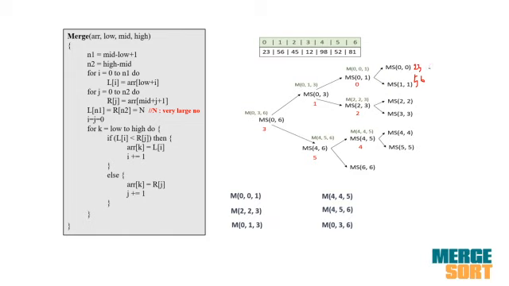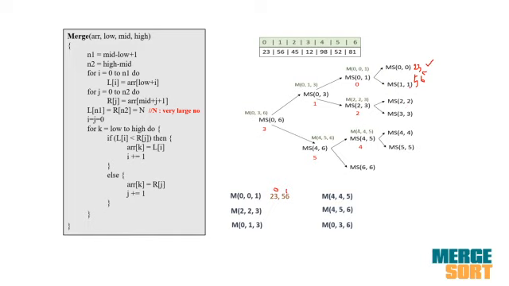It is going to check if the element sitting at the lower index, that is 0, is less than the element sitting at the higher index, that is 1. So we check if 23 is less than 56. In this case it is true, so no change is to be done. They just sit in their own positions, and M001 returns this subarray 23 and 56. This has the index 0 and this has the index 1.